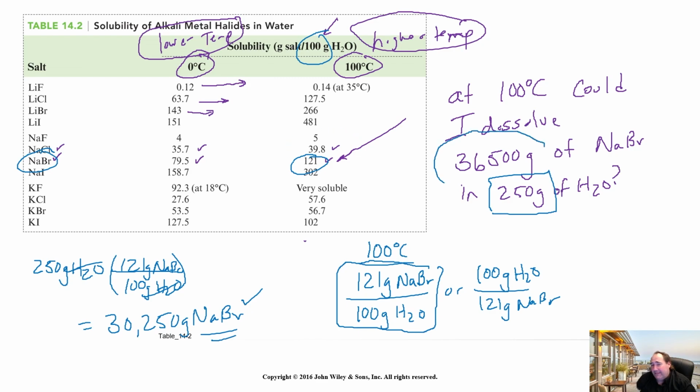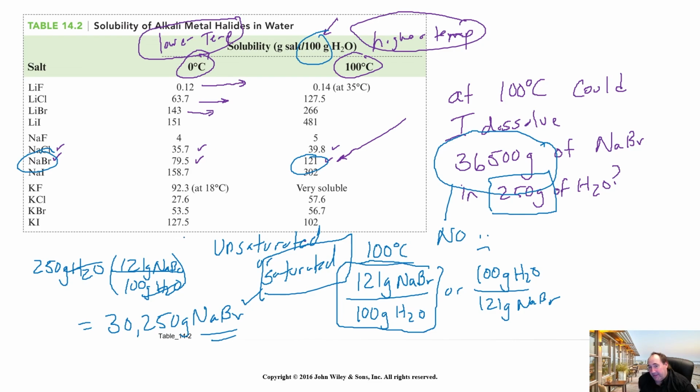So the question here is, could we dissolve that much? The answer is no, you could not. That means that if our only two choices of types of solution are unsaturated or saturated, at this point we are definitely in the saturated, would be the better choice, because we're trying to go way over 30,000 grams.